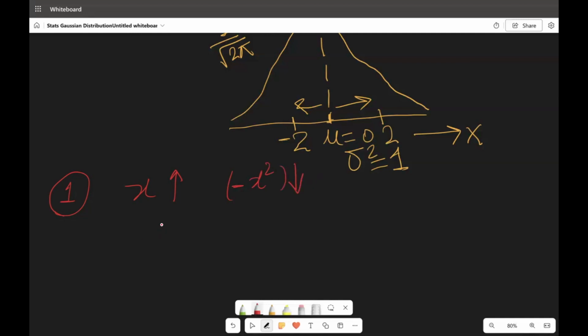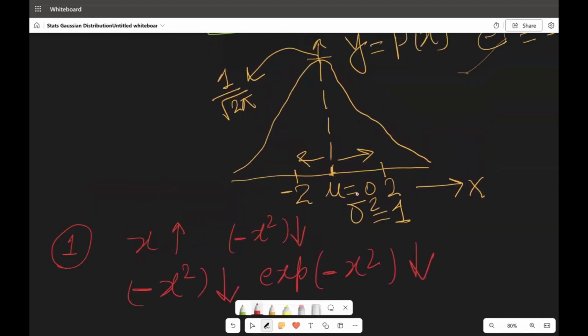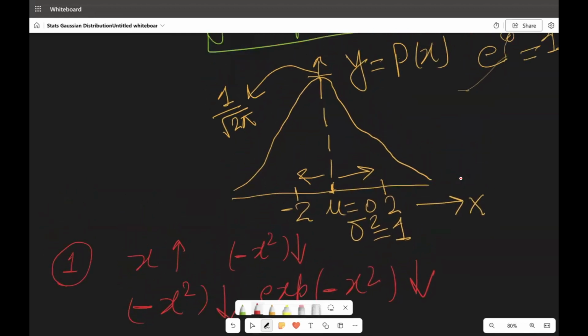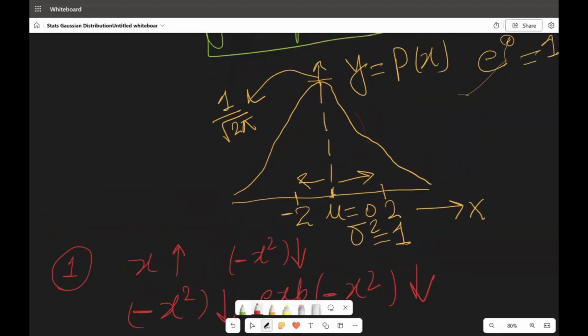Then the second thing is that as my minus x square reduces, exponential of minus x square reduces. As x moves away from 0, your y is going to reduce. As you can see in this plot, as x is increasing, my y is getting reduced.